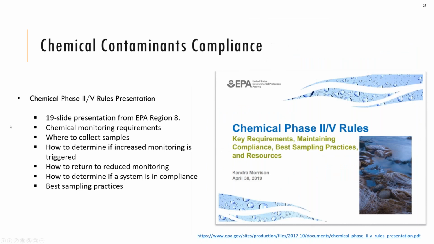The next resource will provide compliance information for all the contaminant groups regulated under the chemical contaminants rule. This is a 19-slide presentation from EPA Region 8, which provides an overview of the chemical contaminants rule.